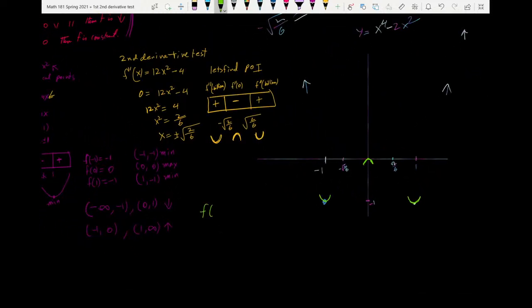We're looking at f of negative square root of 2 over 6, so that's (2 over 6) to the 4th minus 2 times 2 over 6.